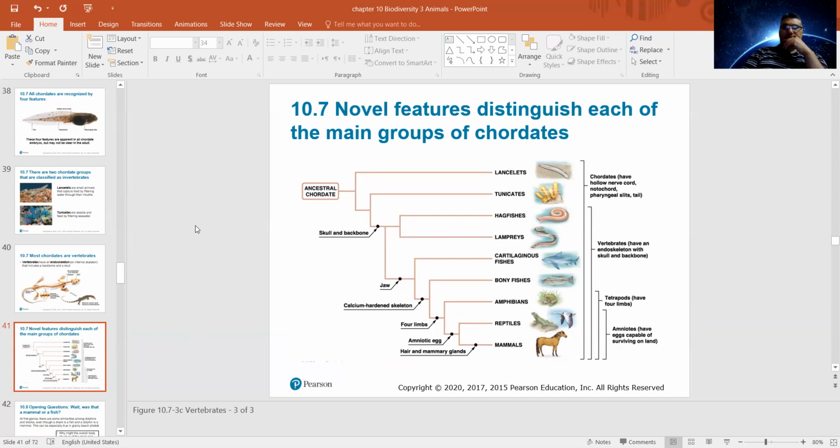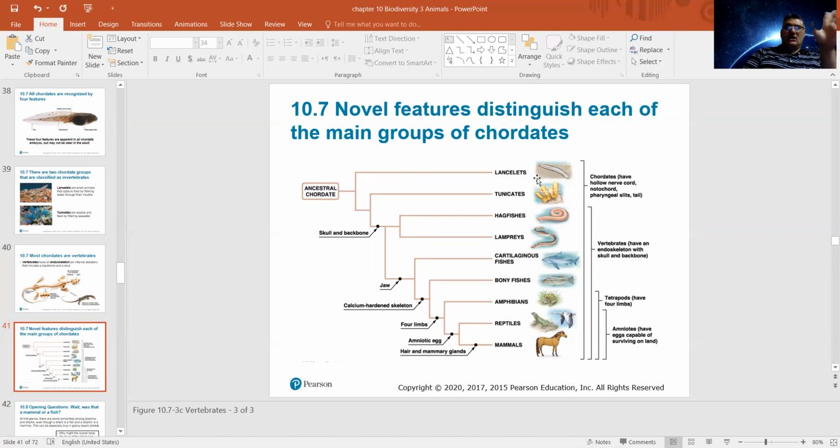There are different groups of vertebrates, but of chordates, I mean, but we can start from here again. Ancestor chordates give us the first one, which is the least advanced, which is the lancelets. We mentioned that chordates in general have a hollow nerve cord, notochord, pharyngeal slits, and tail.